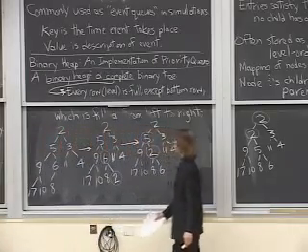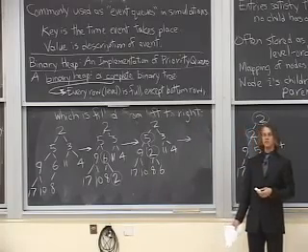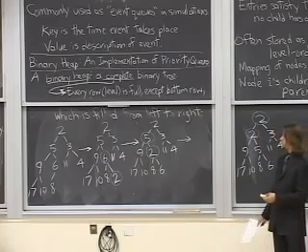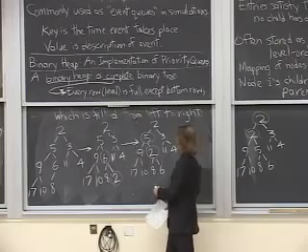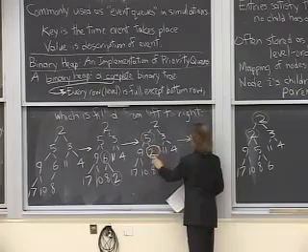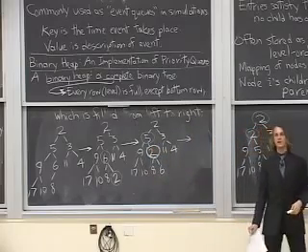So the question is, is there ever a situation where the key might have to go back down again because it turns out to be greater than its sibling? So let's take a look at this. So this 2 here is the invader, the new key that we're inserting.